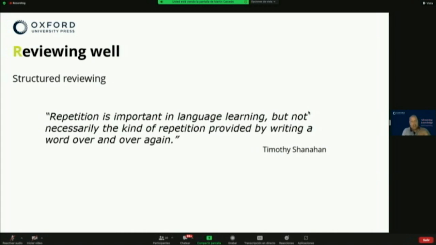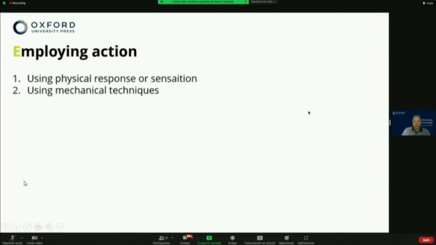Now, if they're reviewing well, then we jump into employing action, the last of CARE, our acronym, which is basically employing physical response or sensation. I'm sorry for the typo there. And using mechanical techniques.